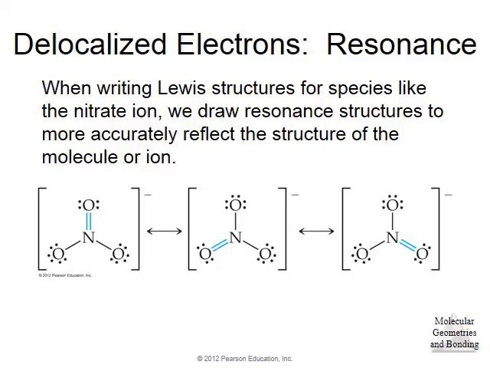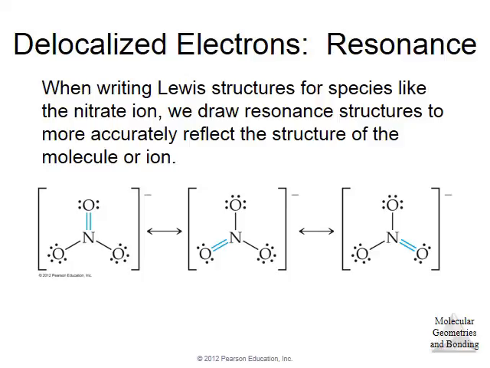Each oxygen has 6, and 3 of them would have 18. These are all valence electrons, keep that in mind. Nitrogen's 5 would be added, plus 1 electron for the minus charge.